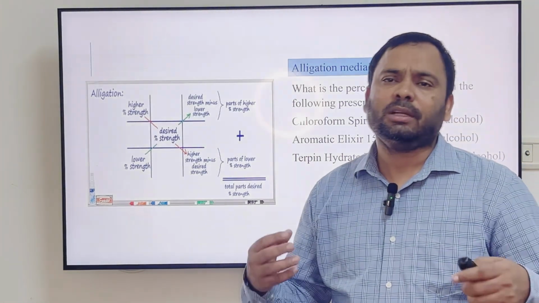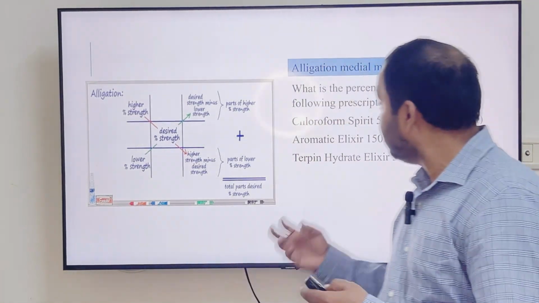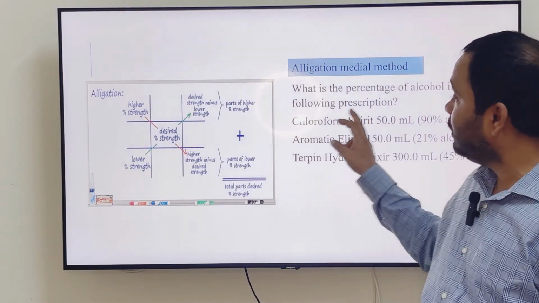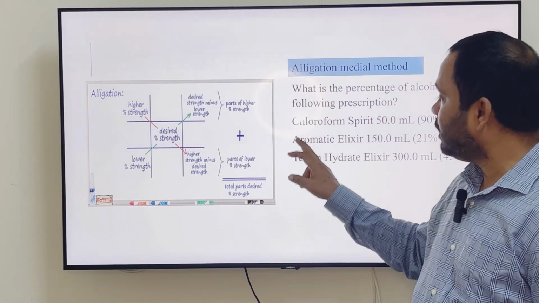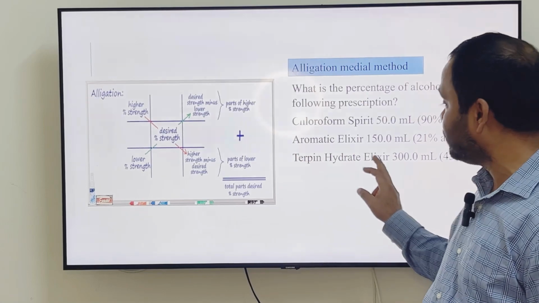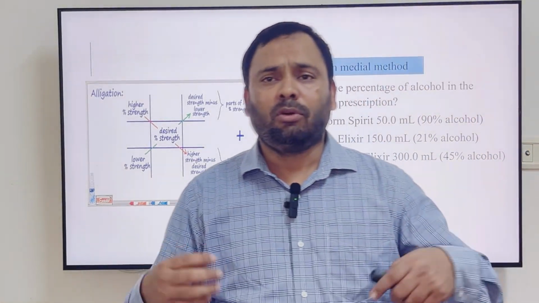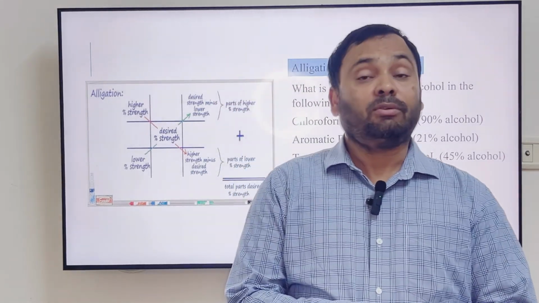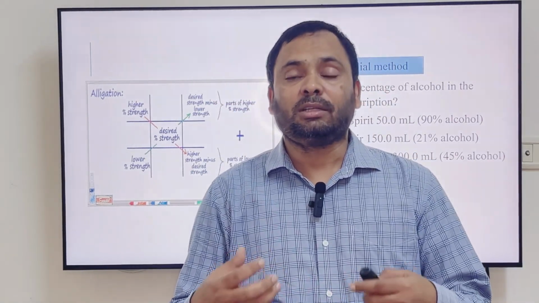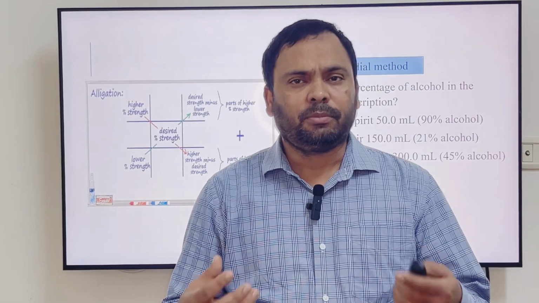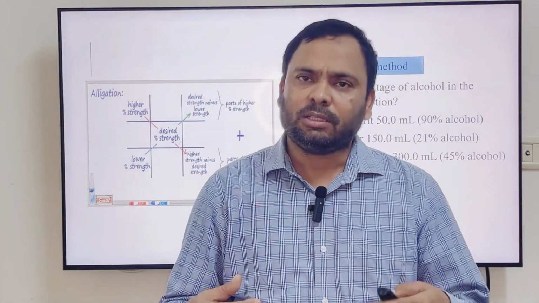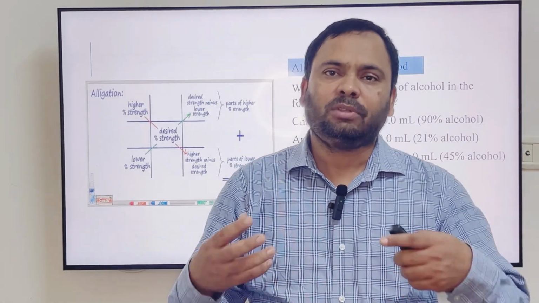Now I have given three components, that is chloroform spirit, aromatic elixir and terpene hydrate, and we are mixing them together. They have some concentration and the volume is given. Now I have to calculate the resultant concentration of the mixture.